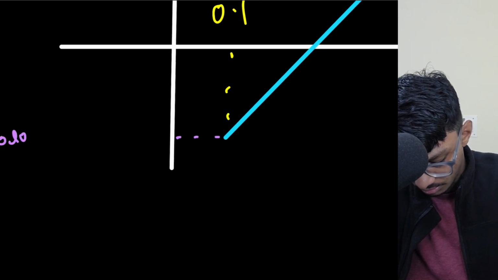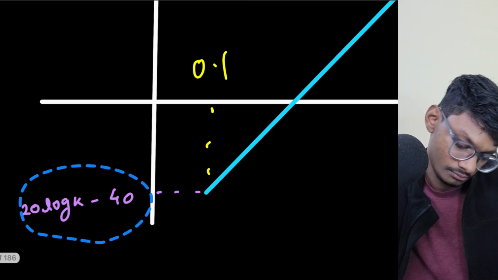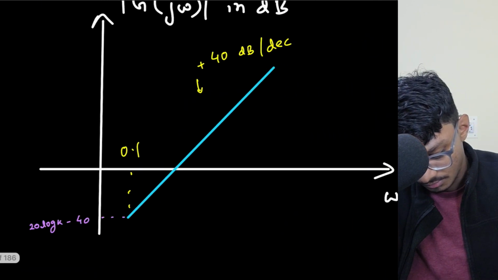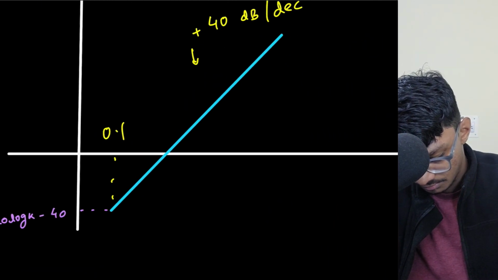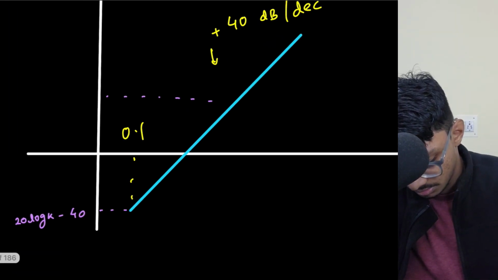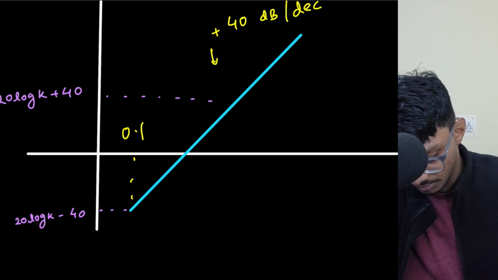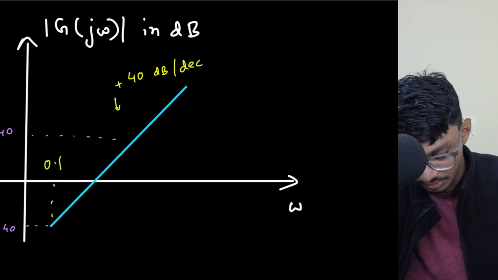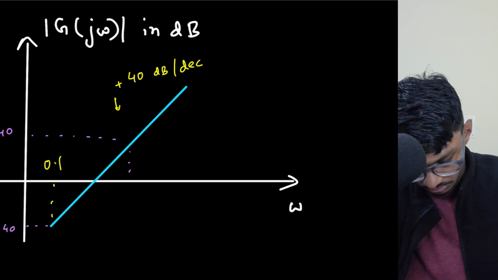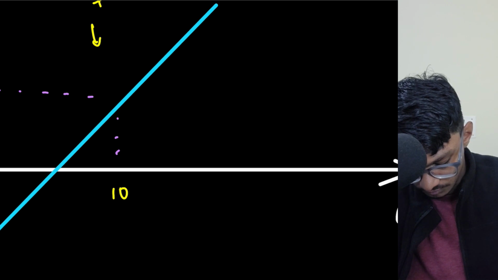20 log k minus 40. Now what is this? This is 20 log k plus 40. You can just calculate, this is at 10, and this is at 1.